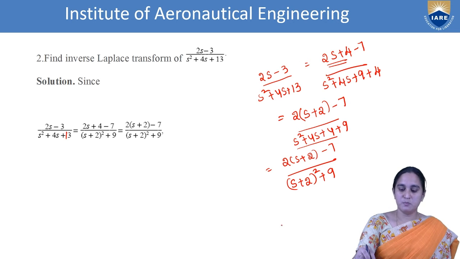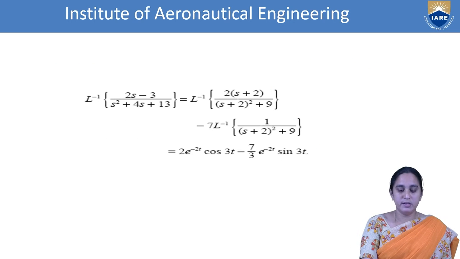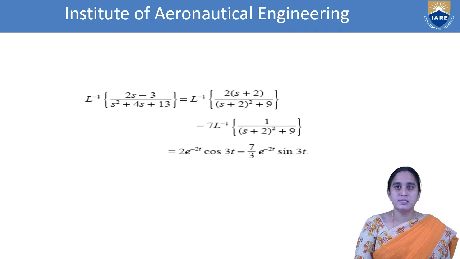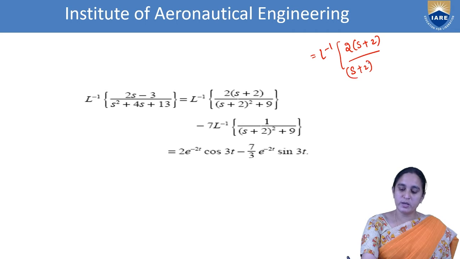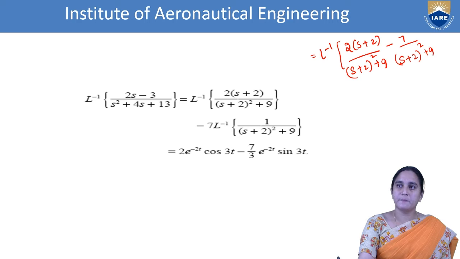Okay, next step. The Laplace inverse of 2s minus 3 by s square plus 4s plus 13 is equal to, from the above step, the Laplace inverse of 2 into s plus 2 by s plus 2 whole square plus 9 minus 7 by s plus 2 whole square plus 9.